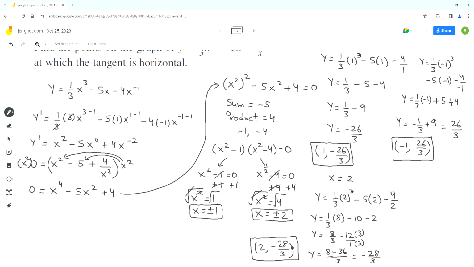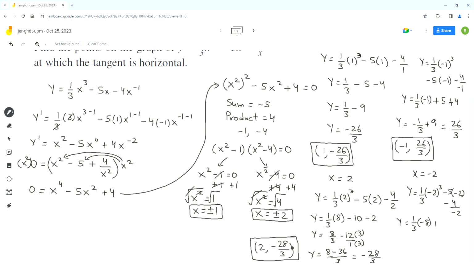Now we can find the fourth point, and for that we'll sub in x equals negative 2. So we get y equals 1 over 3 times negative 2 cubed minus 5 times negative 2, and then minus 4 over negative 2. Negative 2 cube is equal to negative 8, negative 2 times negative 2 times negative 2.